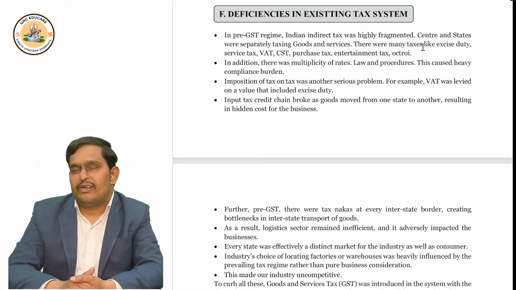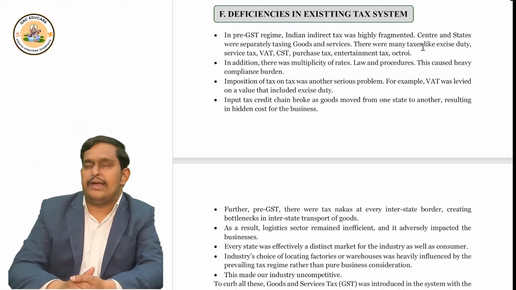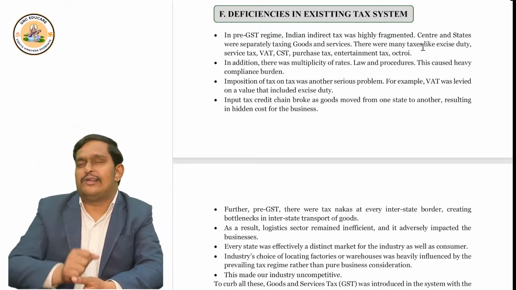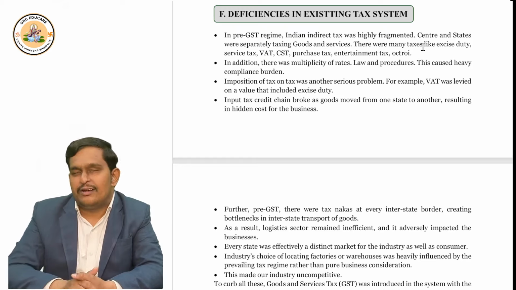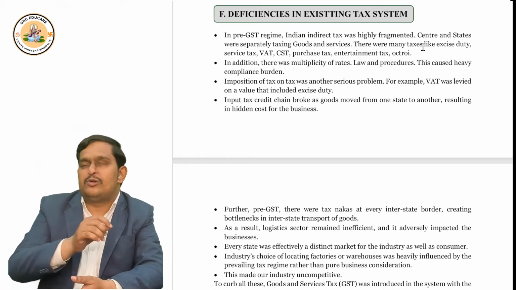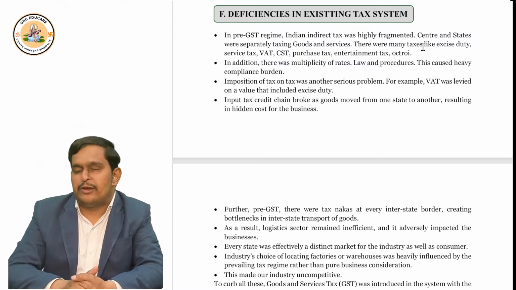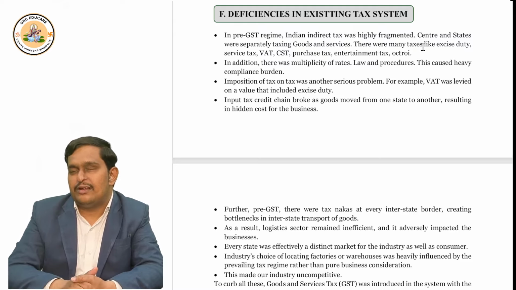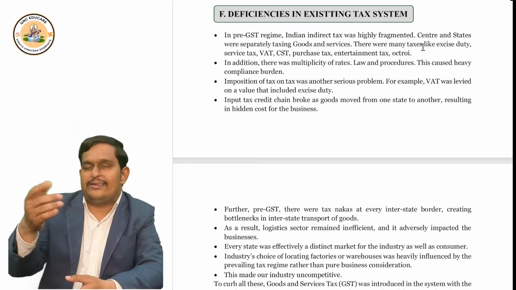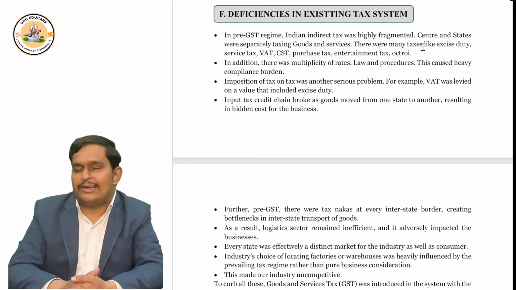Now, input tax credit is also not available. Suppose you paid 10 rupees excise duty to central government, and 15 rupees you are paying to state government as value added tax. Are they ready to adjust with each other? Whatever tax, are they ready to set off?